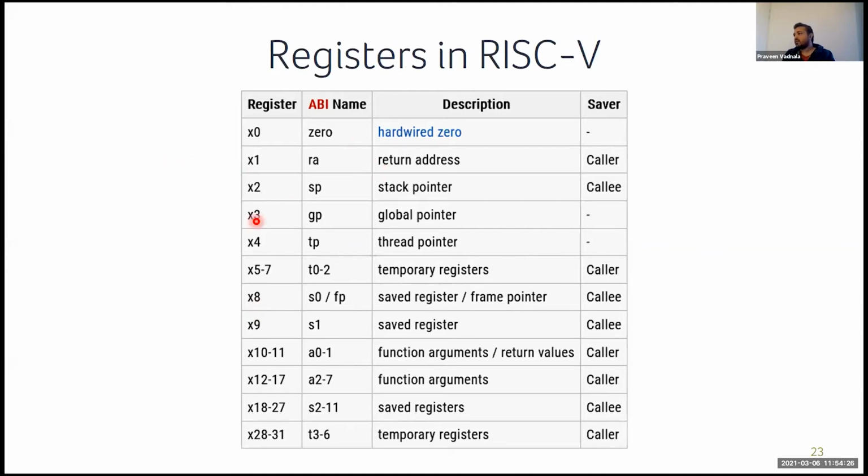For example, return address, which is called link register in ARM, and then you have the stack pointer, and then you see some temp registers that are typically used to transfer data during the program execution from one to the other or operate on the data. And then some registers to store the function arguments, return values, and so on.